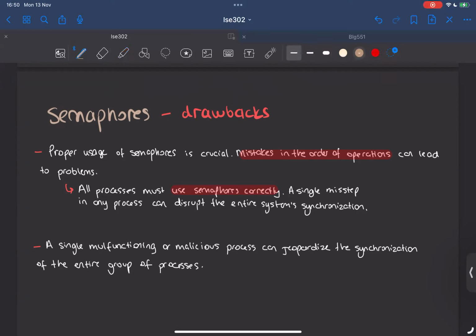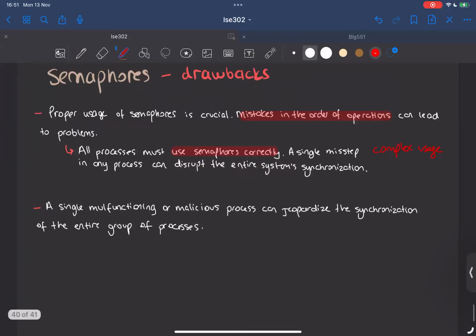So we can say that they have complex usage. We need to be careful about that. And a single malfunctioning or malicious process can jeopardize the synchronization of the entire group of processes, highlighting the delicacy of semaphore implementations. So they are also vulnerable.